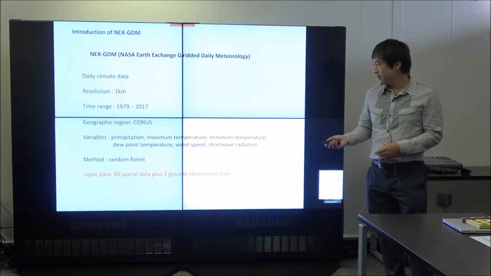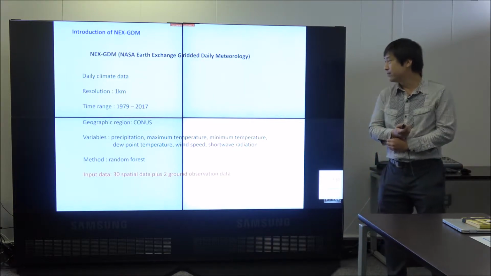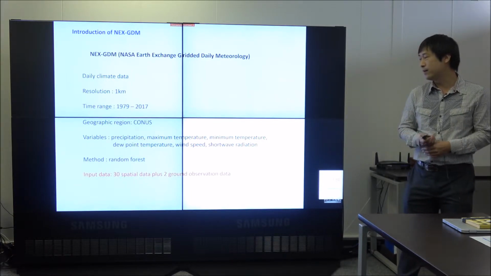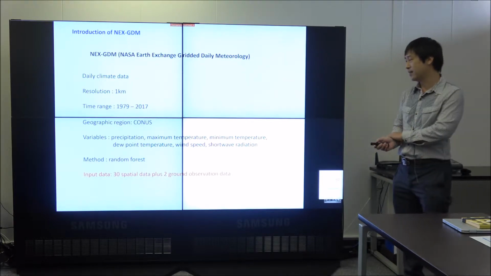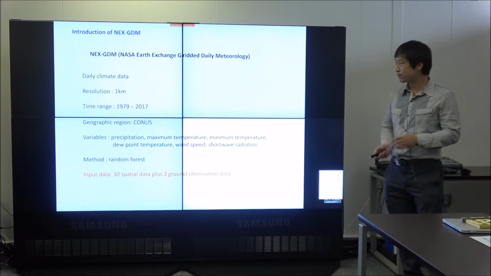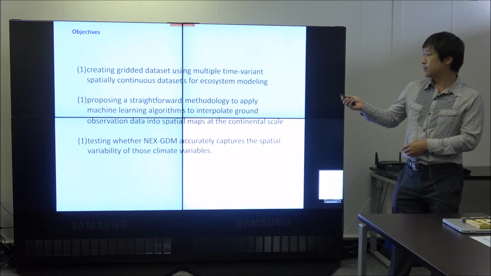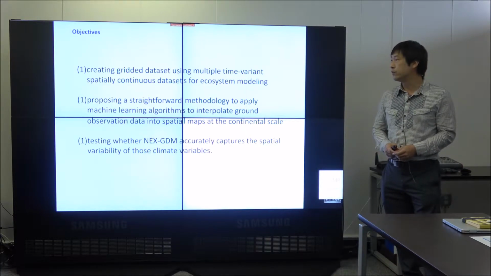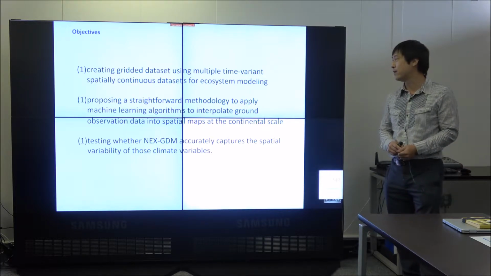The method I use is random forest. It's one of the machine learning techniques. The biggest feature of NEX-GDM is that I use a lot of data sets, including 30 spatial data sets plus 2 ground observation data sets. The objectives of this study are, first, creating a gridded data set using multiple time-variant, spatially continuous data sets for ecosystem modeling.